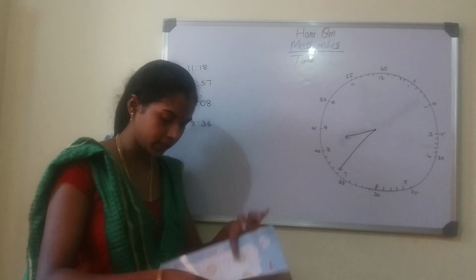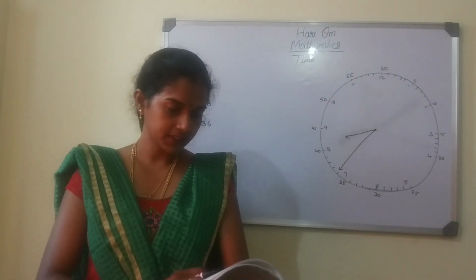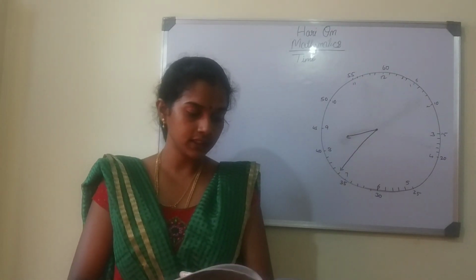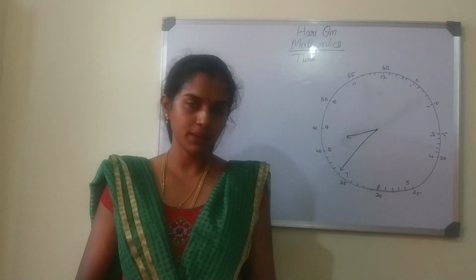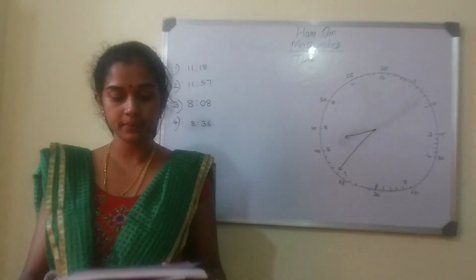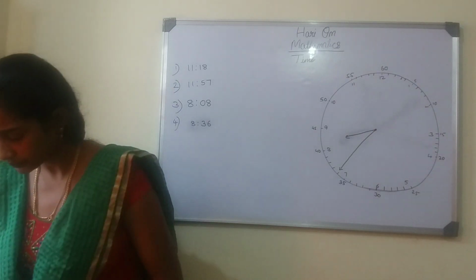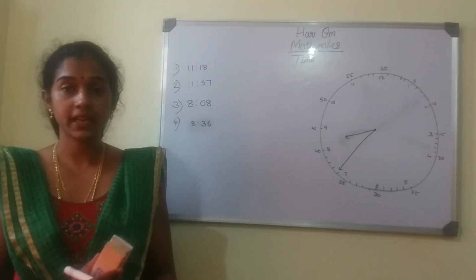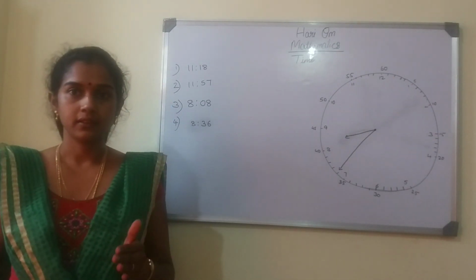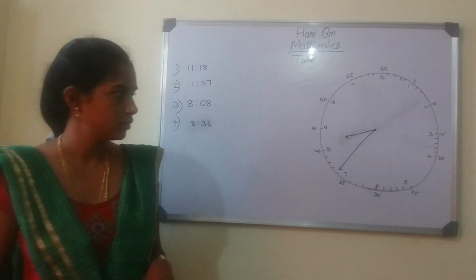Understood? Okay. After this, we had also learned what is antimeridiem and postmeridiem. What is antimeridiem? Antimeridiem, or AM, is from the midnight till the noon. Okay, children?